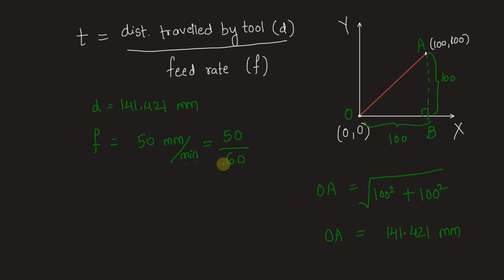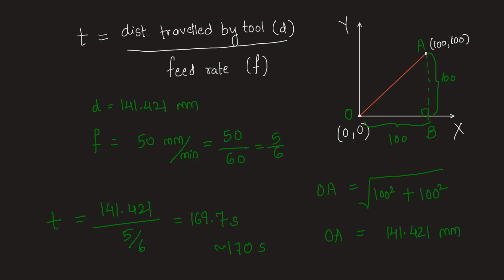So we have 50 divided by 60, which comes out to be 5 by 6. Let's find out T. T is nothing but 141.421, the distance traveled, upon the feed rate, 5 by 6. When calculated in a digital calculator, we get 169.7 seconds, which is almost equal to 170 seconds.